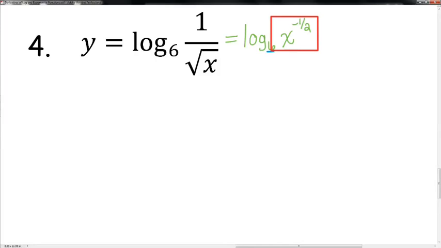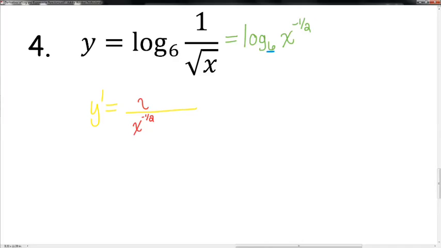So when we do this, we have y prime is equal to, I'm going to move that a little bit lower, y prime is equal to, and I'm going to rewrite what was in my box and put it in the denominator. So I have x to the negative 1/2, and I'm going to take the derivative of that and put it in the numerator.